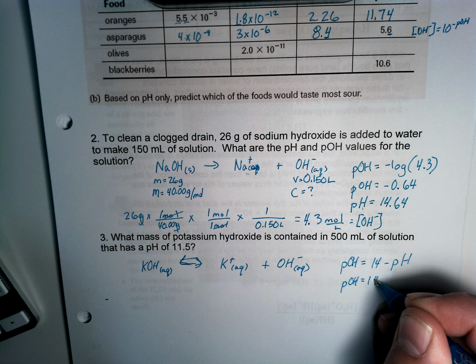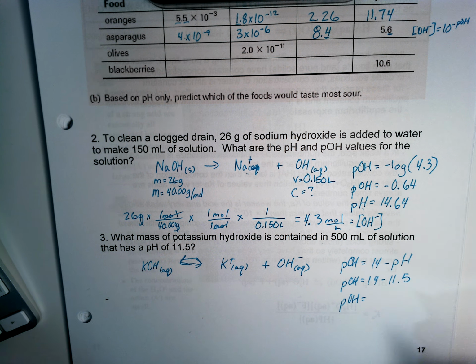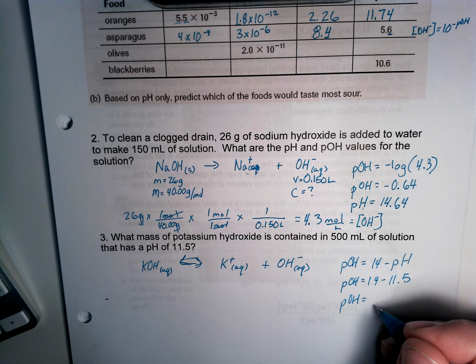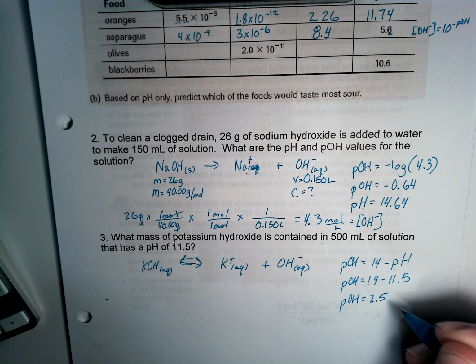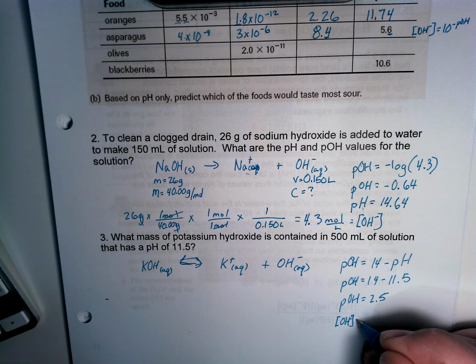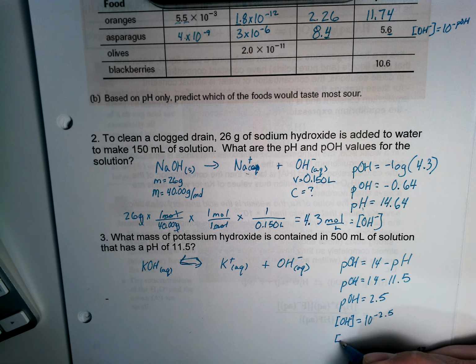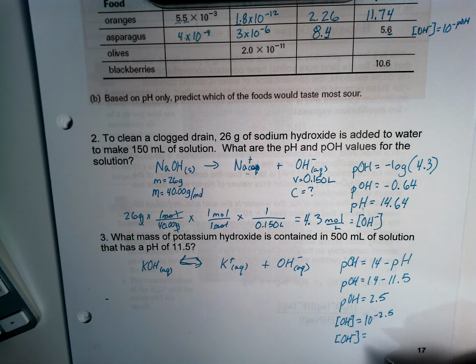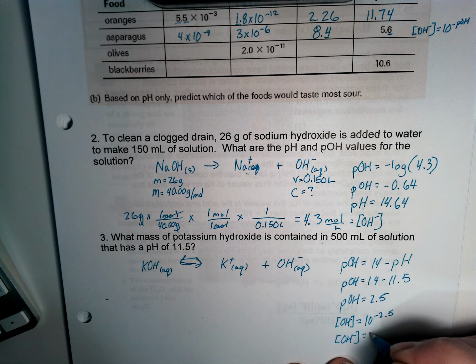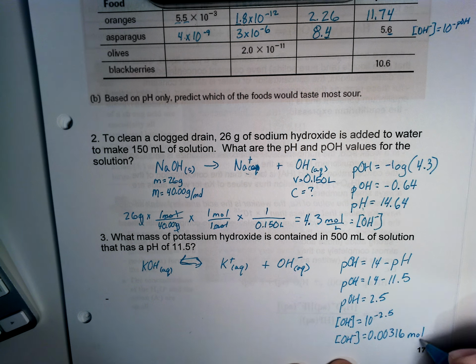So 14 minus 11.5, we got pOH equal to 2.5. Then to find our hydroxide concentration, it's equal to 10 to the negative 2.5, which is 0.00316 moles per liter.